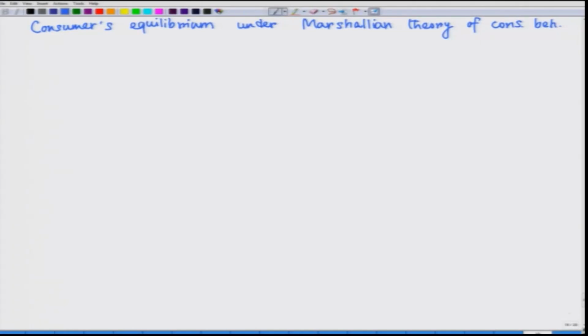We will assume one particular good and we will call this Q, and we will see how total utility and marginal utility are changing as the consumer is consuming more and more units of Q. We have already listed down the assumptions of the Marshallian consumer theory. Let us now talk about the postulate of the Marshallian consumer theory.